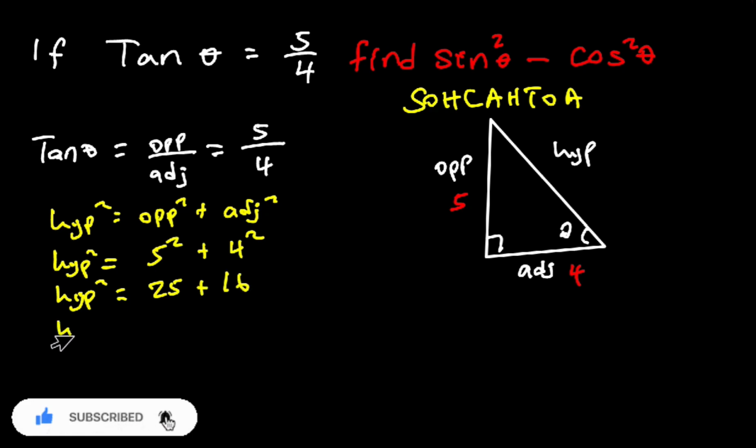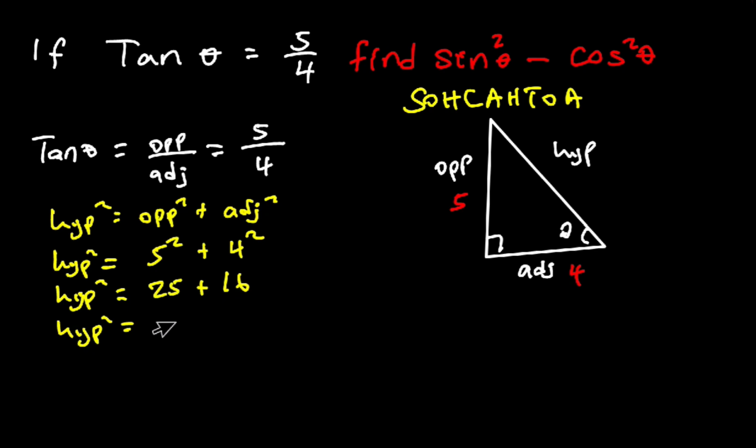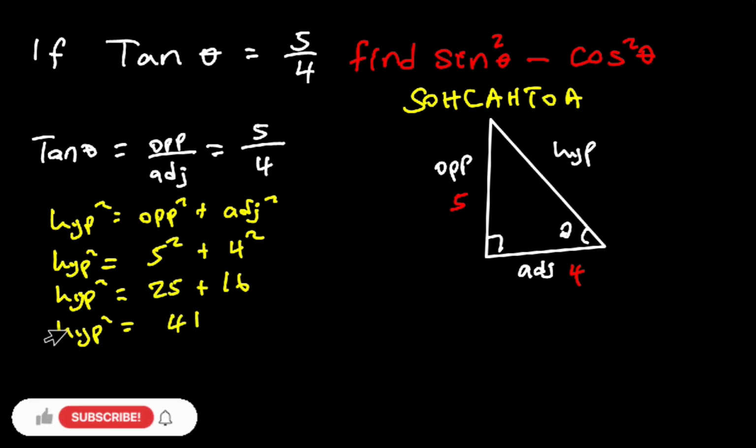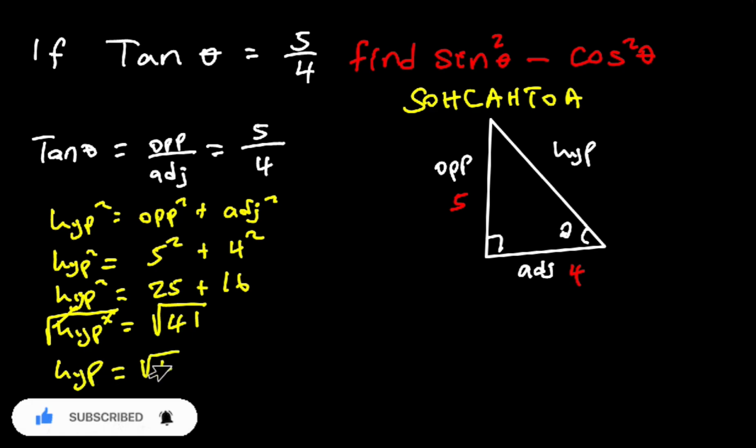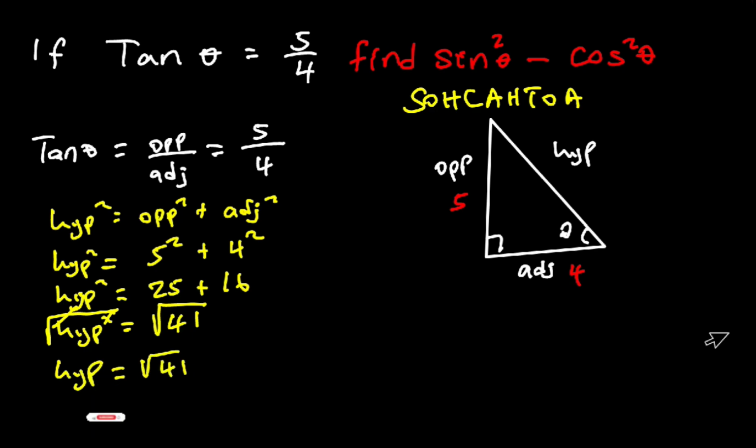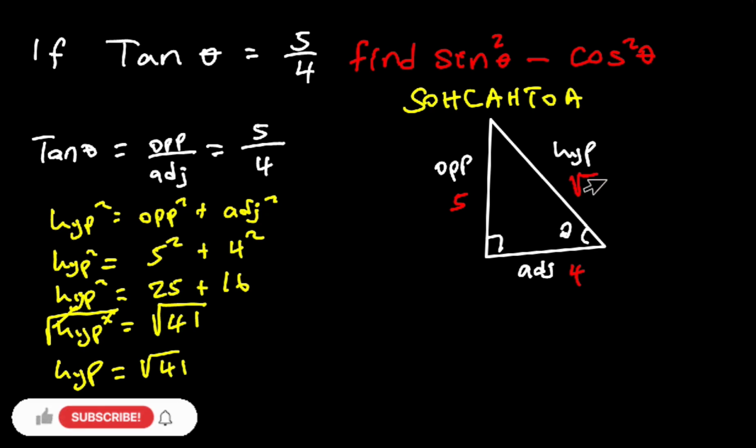So hypotenuse square is equal to 25 plus 16, which is equal to 41. And then taking the square root of both sides, this square root and this square will cancel. We have that hypotenuse is equal to root 41. So the value of this hypotenuse is square root of 41.